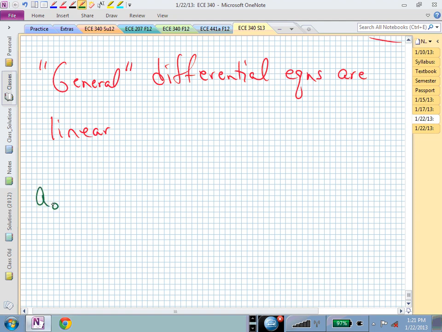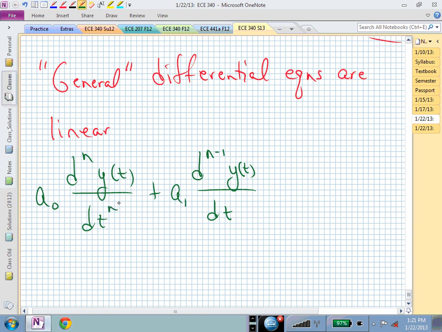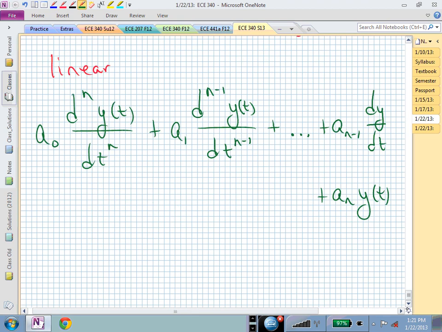I could say a sub 0, the nth derivative of y of t with respect to t, plus a1, the n minus first derivative with respect to t, and so on, down to a sub n minus 1, dy dt, plus a sub n y of t, equaling. And now I could have derivatives of the input.